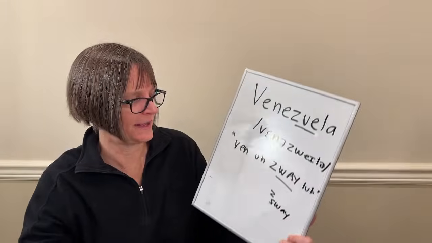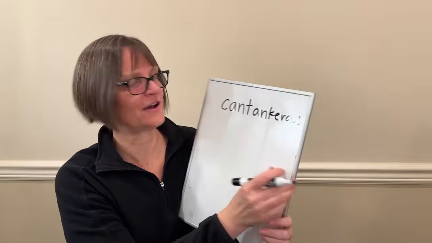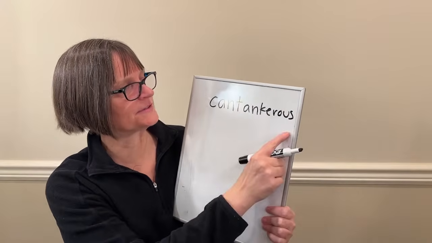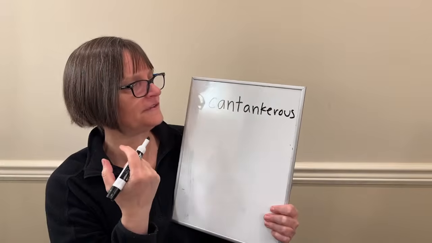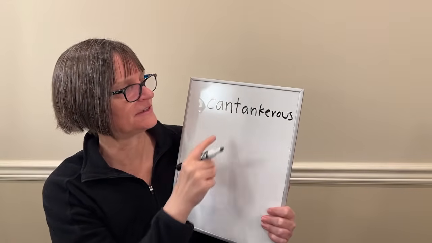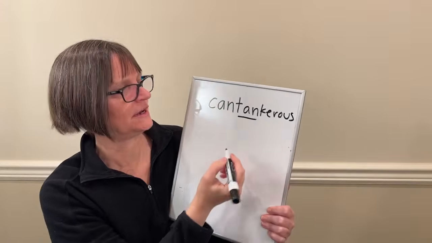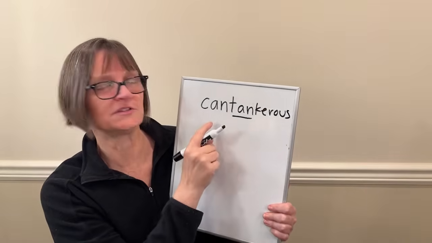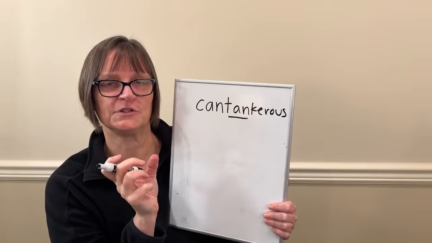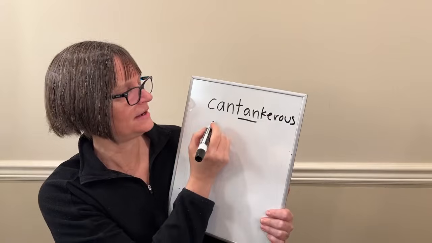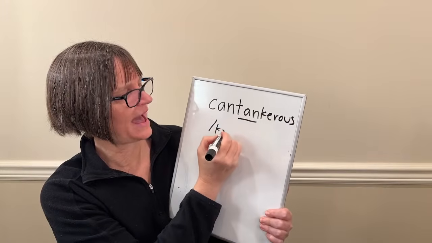Yeah, and while we're at it, okay, let's look at how to pronounce Cantankerous. So we have second syllable stress here. Cantankerous, tang is stressed, and that means our first vowel is going to be somewhat reduced. But in the dictionary you're going to see it with an a.